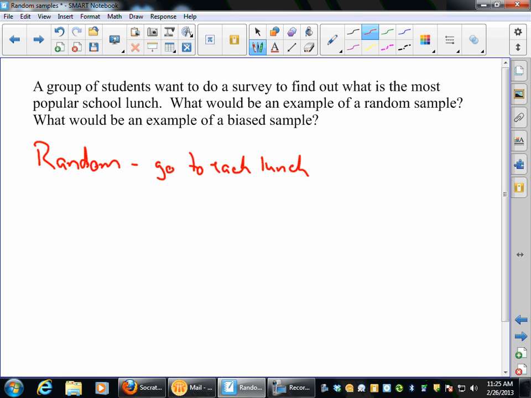That's going to give me all different grade levels of students, and I really have no idea who's going to show up there first. So it's very random. Anybody could show up first in line. That makes it random, and I should get students from all grade levels, which will make it representative. So that would be a good way to do a random sample for that survey.